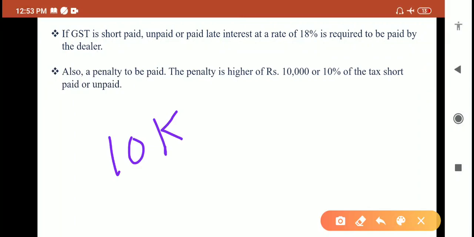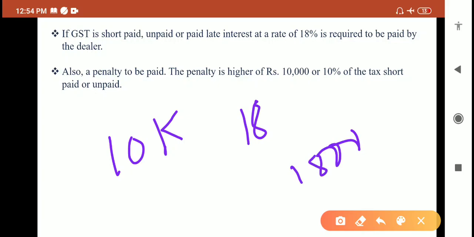Okay, 18% will be the interest for non-payment of GST. 18% in the sense, 1,800. That 1,800 is the amount of interest, so 1,800 interest is to be paid.